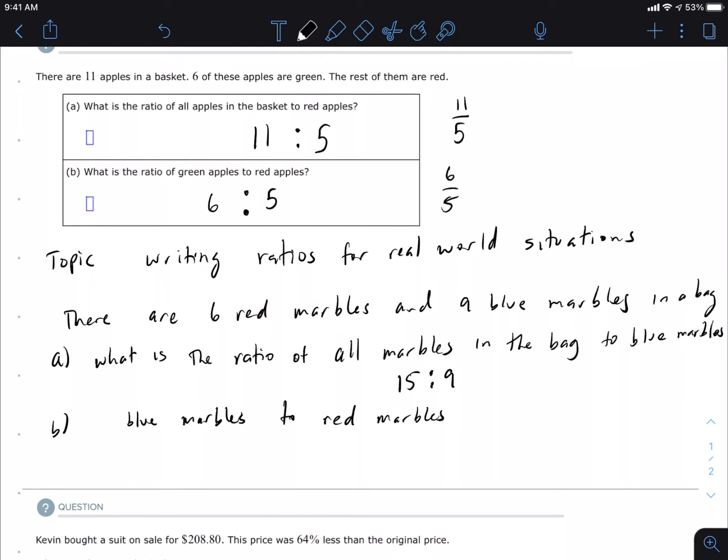What do you think that would be, Jared? Here, I'll do the hard part. 6 to 9. All right, so it's blue to red. Oh, 9 to 6. Yes, that's correct. Cool. So you got it. Makes sense.